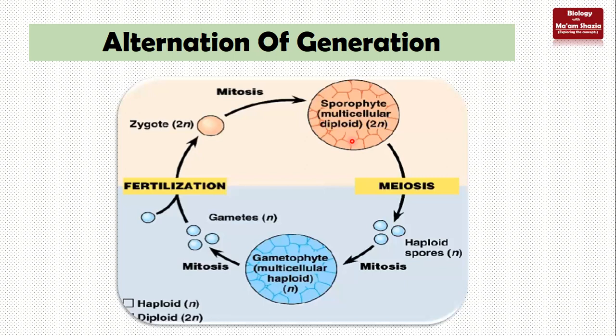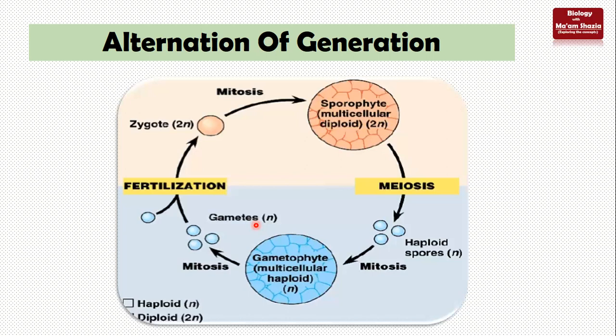Now they have the flowers, and inside the flower there are two parts, which I have already told you: androecium and gynoecium. These can go for the next step, which is meiosis. After completing meiosis, the sporophyte generation will produce spores which are haploid.